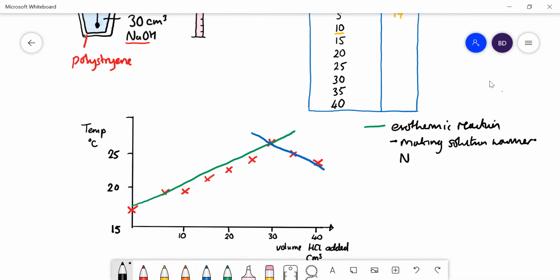Obviously there, what's happening is the NaOH is reacting with the hydrochloric acid. Now, why does the temperature drop for this blue line? The temperature drops on the blue line because at this point, all of the NaOH has been used up.